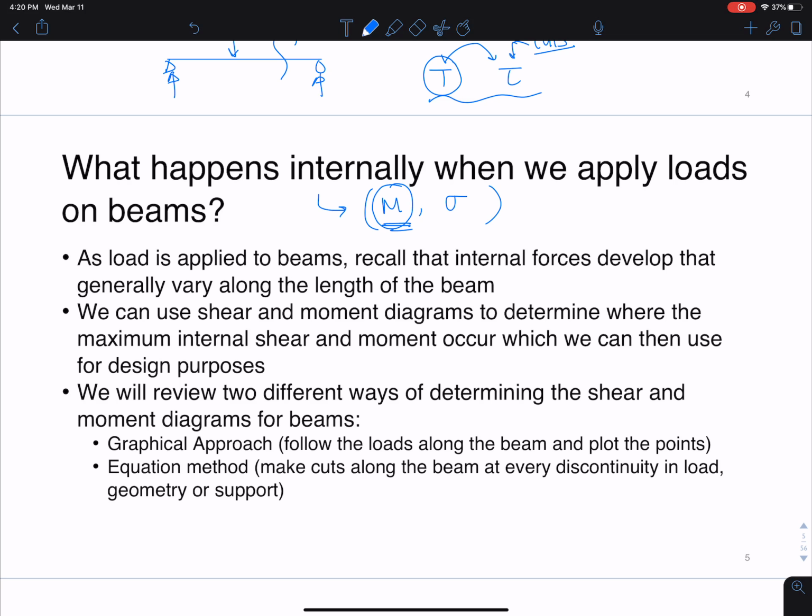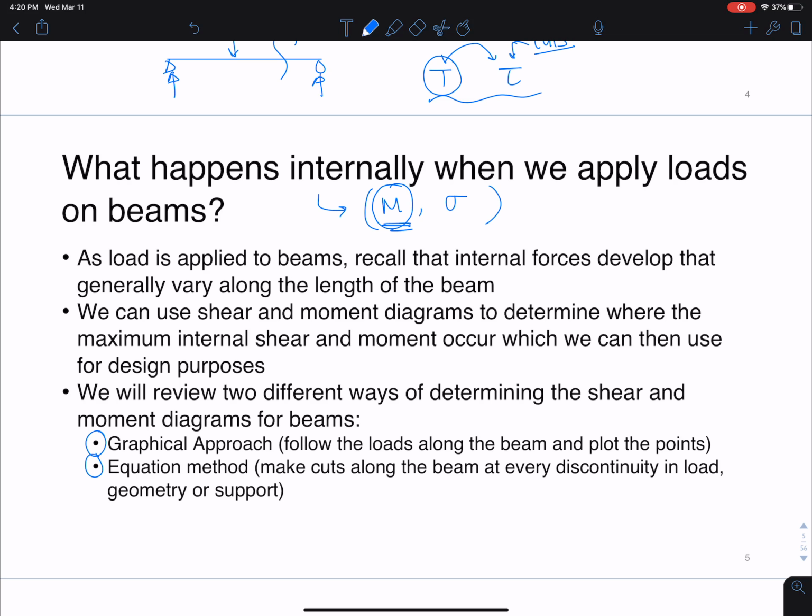And then we can make a shear and moment diagram, or we can do the equation approach. So we're going to go over the graphical approach and the equation method, and mix it up and do a little bit of both. And I also have a really comprehensive PowerPoint that I posted on Titanium for you that goes into a lot of depth about shear and moment diagrams, and basically has everything that you'll need to know about how to create a shear and moment diagram for a beam.